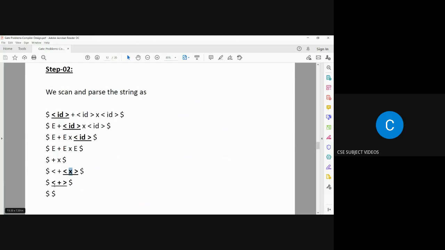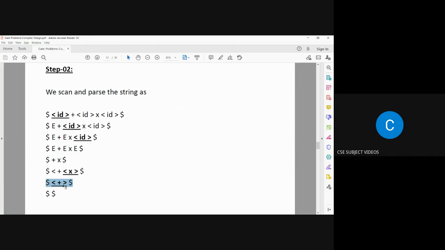In this step also we mention the precedence from the operator precedence table, which we have seen already. With dollar plus dollar, among these three, which terminal gets higher priority? The higher priority terminal will be removed from the current step.